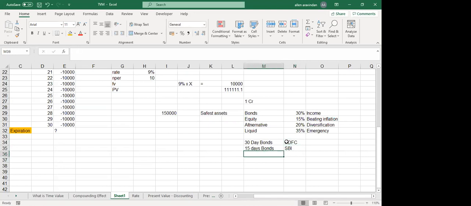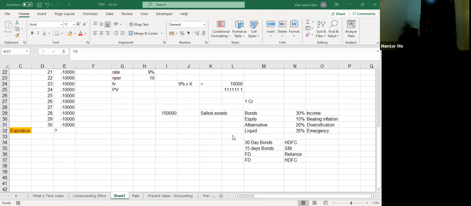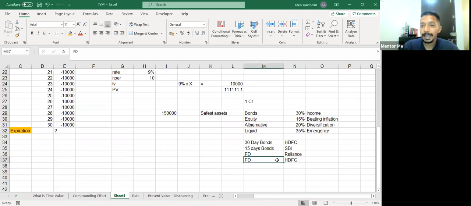Plus there are FDs also of larger companies, let's say Birla, or Reliance, or HDFC. Now the same FD, if you go and make it directly at HDFC, you take the taxation hit. If you invest through, let's say, a liquid fund, you save on the tax, because you will not be forced to pay the taxation on the interest.